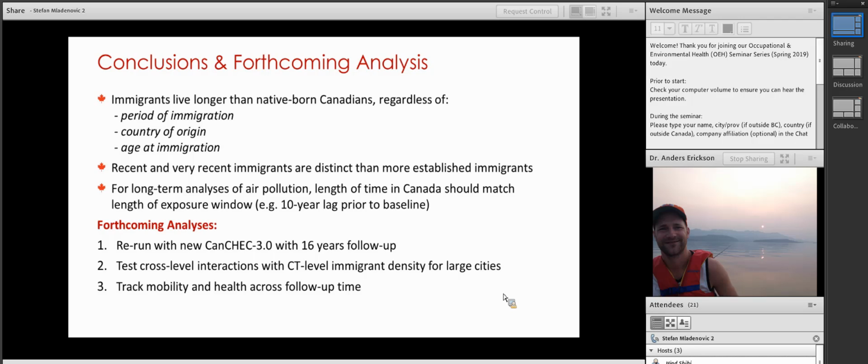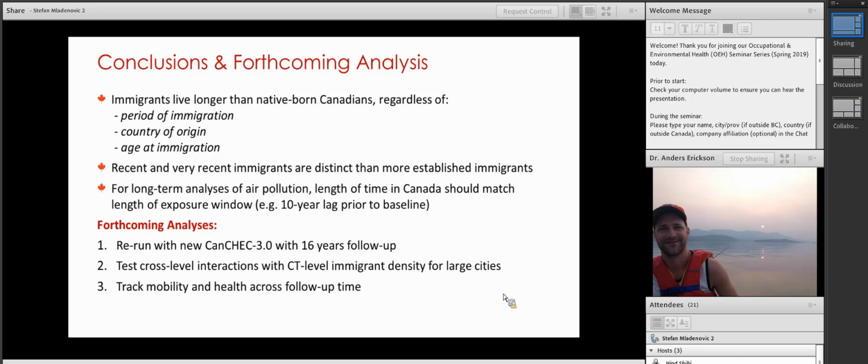We want to test some of these different interactions. So looking within specific cities, say just within Toronto or Vancouver or Montreal, and looking at cross-level interactions with neighborhood or census tract level immigration densities, whether these might provide any kind of buffering impact on the health outcomes. And then possibly, if we can figure out a methodology, track mobility and health across follow-up time.